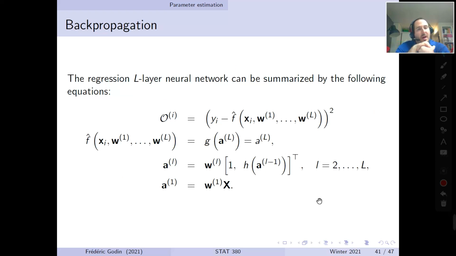The equations providing predictions of the neural network and the associated objective function component for observation i are summarized here.